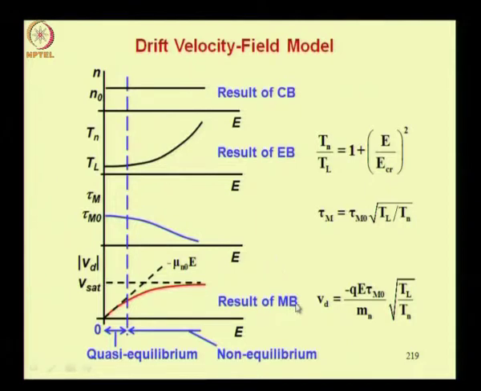So the momentum balance equation on the other hand gives you this expression for the drift velocity. Note that under quasi equilibrium conditions very close to the origin here, you have a straight line segment which can be cast in the form of minus of mu n0 into E.